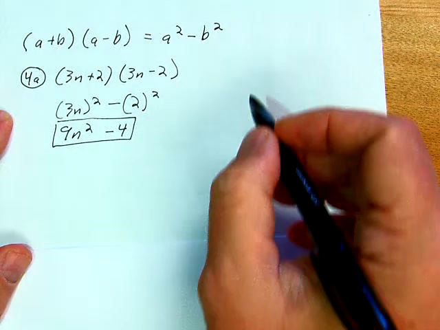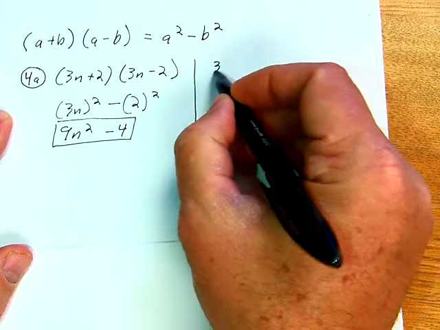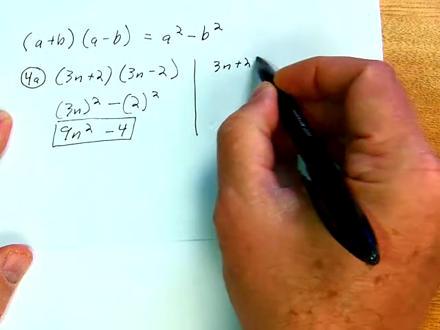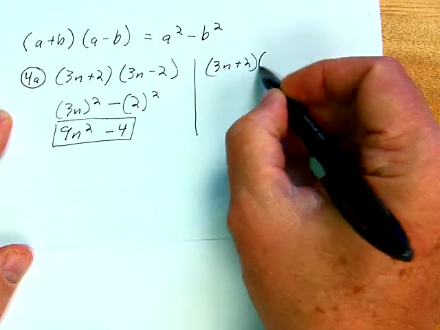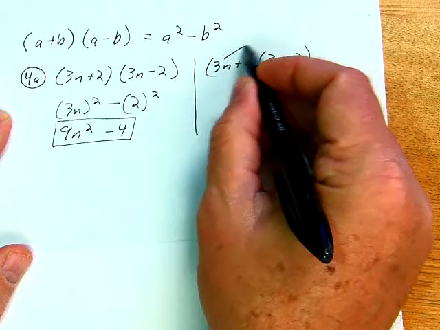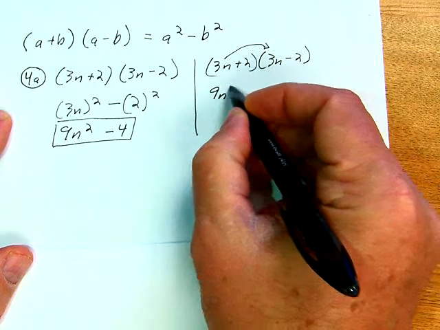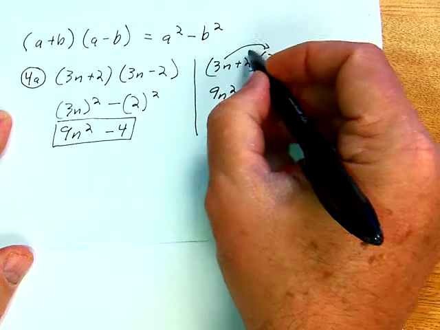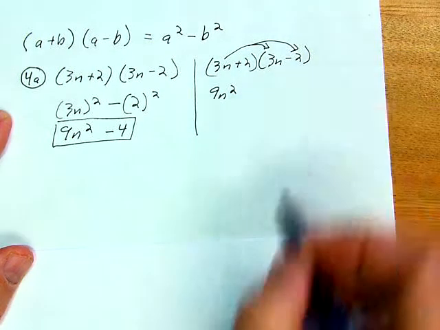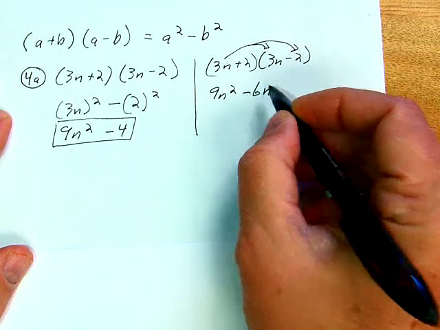Now we could multiply that all out. Let's multiply that all out and see what we get. If we had 3n plus 2 times 3n minus 2, and let's use our arrows. That 3n times 3n is 9n squared. 3n times negative 2 is negative 6n.